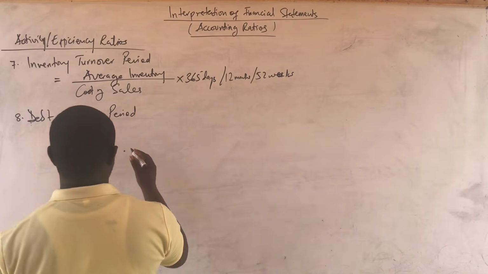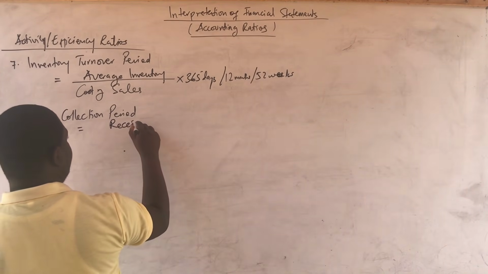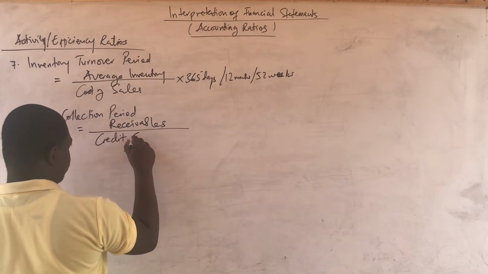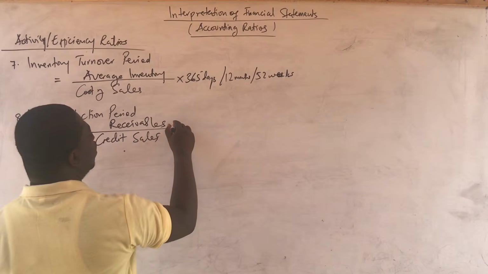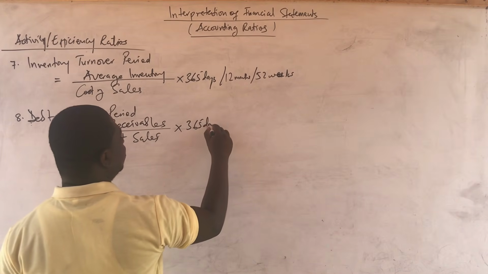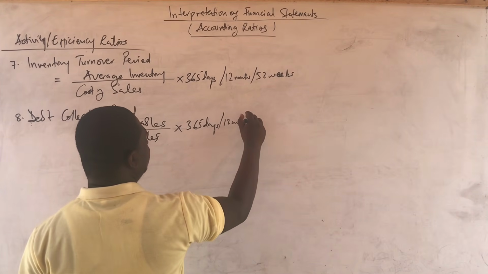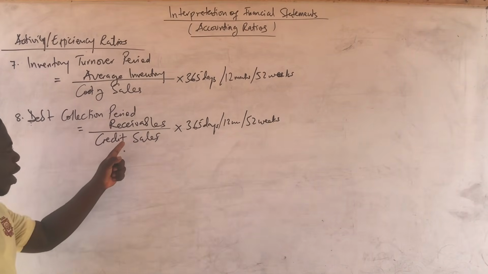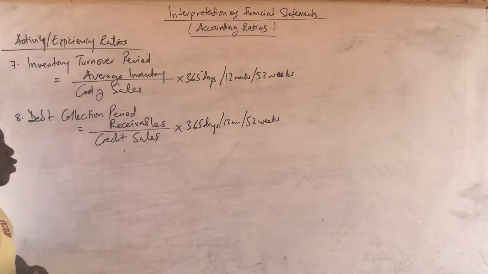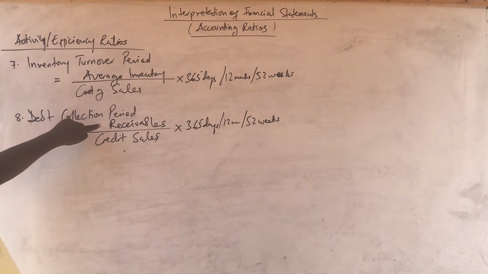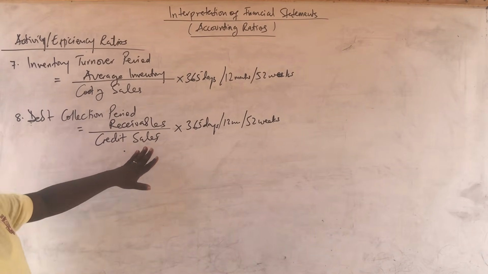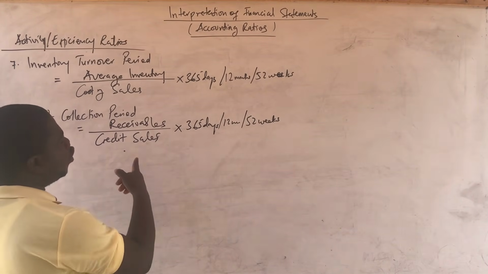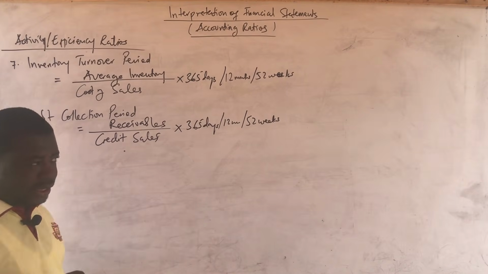And so the debt collection period is going to be the receivables itself all over credit sales times 365 days or 12 months or 52 weeks. Receivables over credit sales, that is your trade receivables over your credit sales. So you look at the debt and then the credit sales, and then you multiply, then it tells you how many days it takes for you to be able to retrieve your debt.